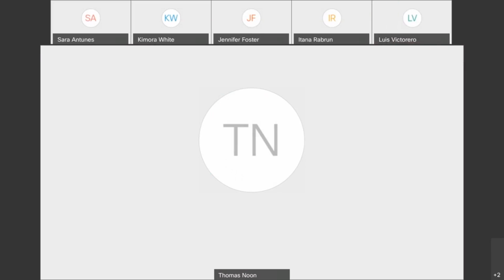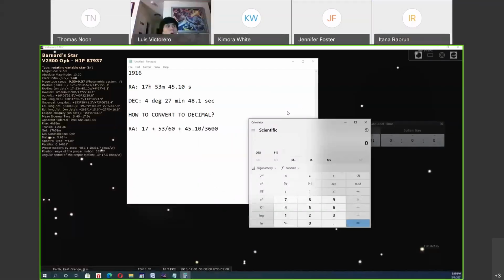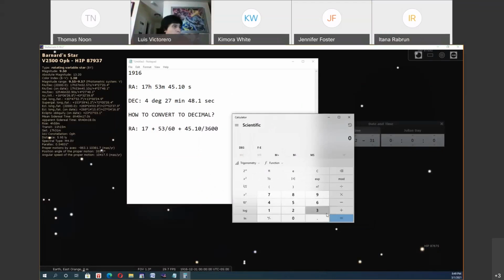In fact, you maybe want to do this: you can put parentheses here. 53 over 60, parentheses, plus, parentheses, 45.10 over 3,600. There it is, right? That's the answer. Now you add to 17, and there you are.